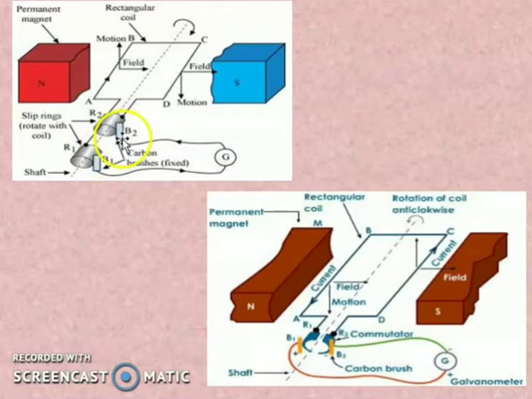The split rings R1 and R2 are connected to brushes B1 and B2. Here R2 is connected to B2 and R1 is connected to B1. So during a half rotation, what happens? When the rectangular coil moves in a clockwise direction, the current moves from brush B2 to B1.